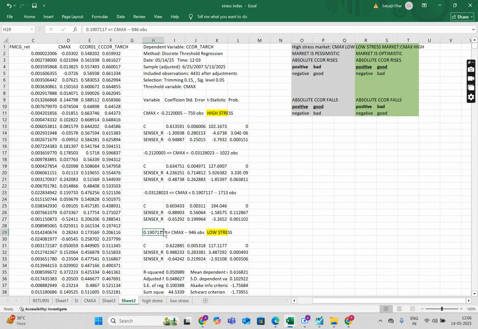So you can use that and make the empirical survival function of the two separate periods in the same way like I had shown in the previous video. We had done the sorting on the basis of Cmax, and then on the basis of that we had made the empirical survival function of the CCOR on the two periods. So you can do the same here. It is just the same thing. Just there in the previous video we were working with CCOR. Here we are working with CCOR on the basis of a TARCH kind of model. So that is the only difference.